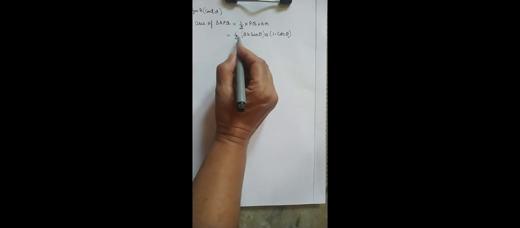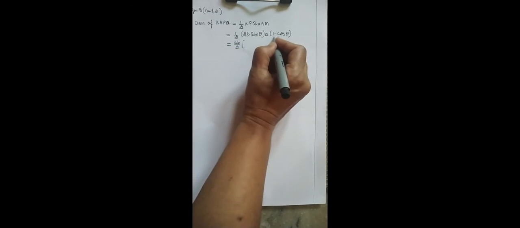Now find the area of triangle APQ, which is half PQ into AM, which is half into 2b sin theta into a into 1 minus cos theta, which can be written as a into b upon 2 into, now I will multiply 2 sin theta by 1.